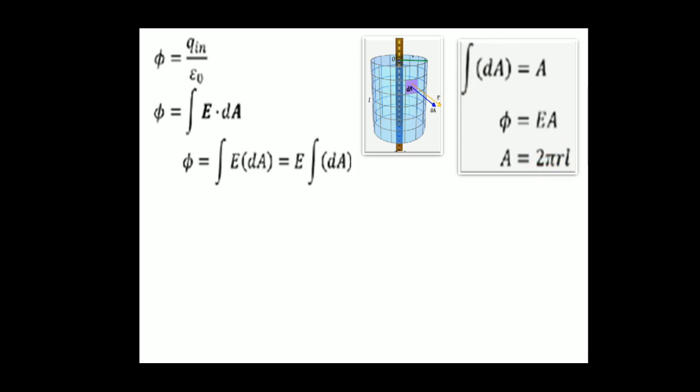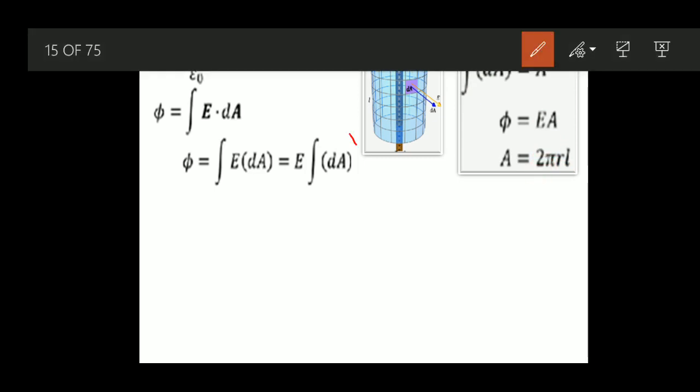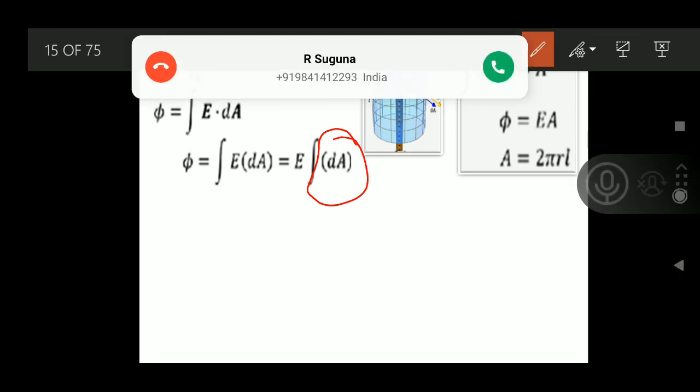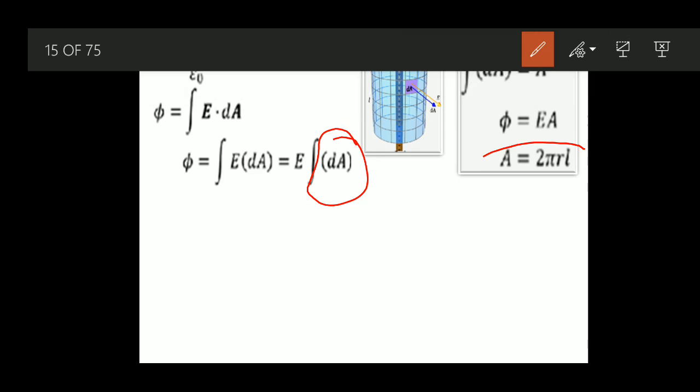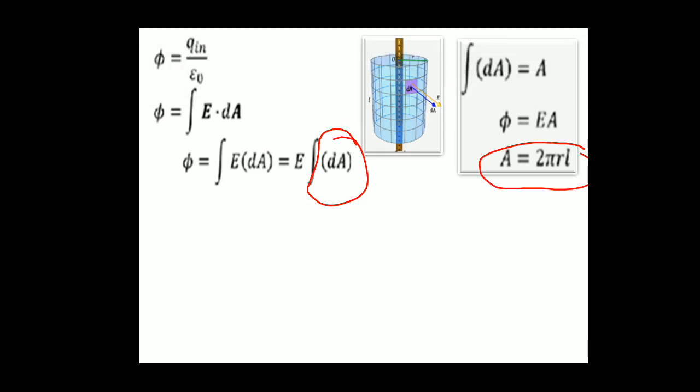So here, see this integral dA is given as A equal to 2 pi RL. Shall we substitute? If I substitute, phi is equal to E into 2 pi RL. In the place of dA, I have written 2 pi RL.